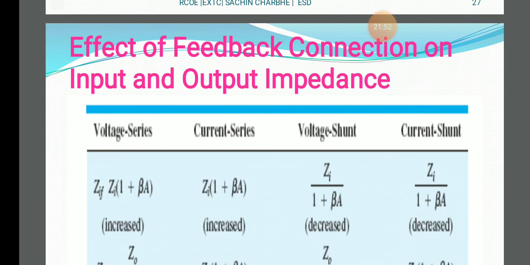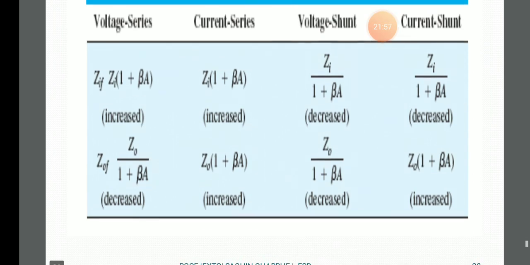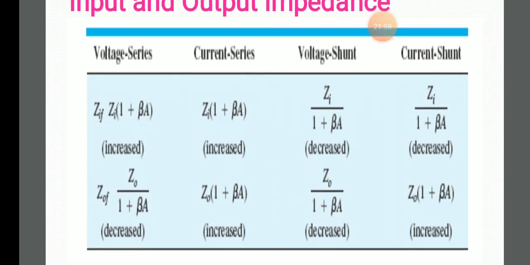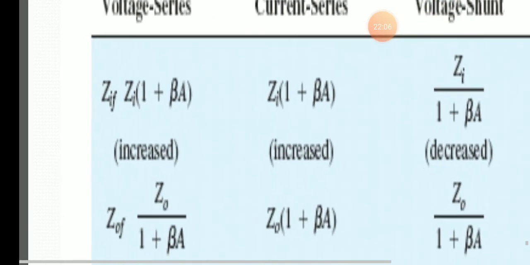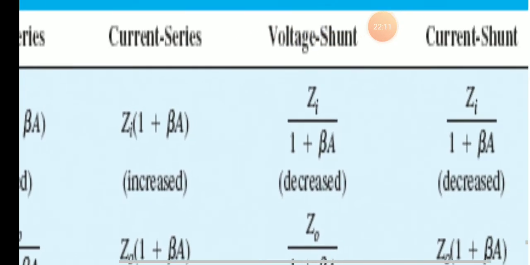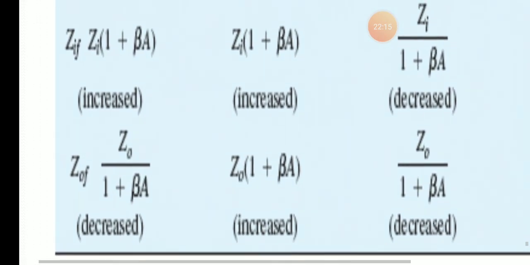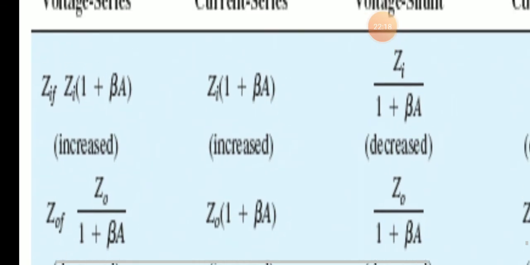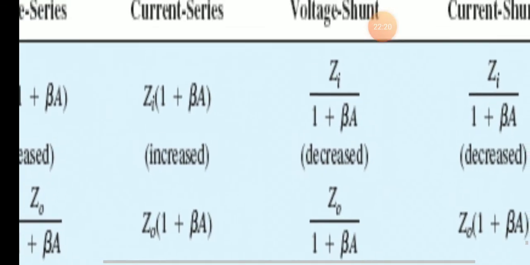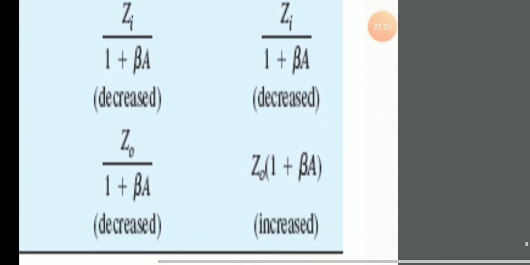Now the effect of the feedback connection on input and output impedance. This is in tabular form, so these are all we studied. In voltage series, the input impedance increases; current series also increases; voltage shunt decreases; current shunt decreases. And the output impedance decreases in voltage series, increases in current series, decreases in voltage shunt, and again increases in current shunt.